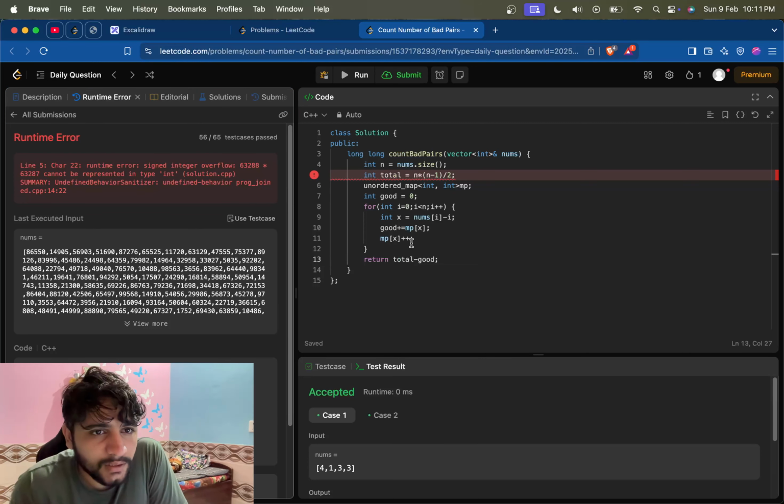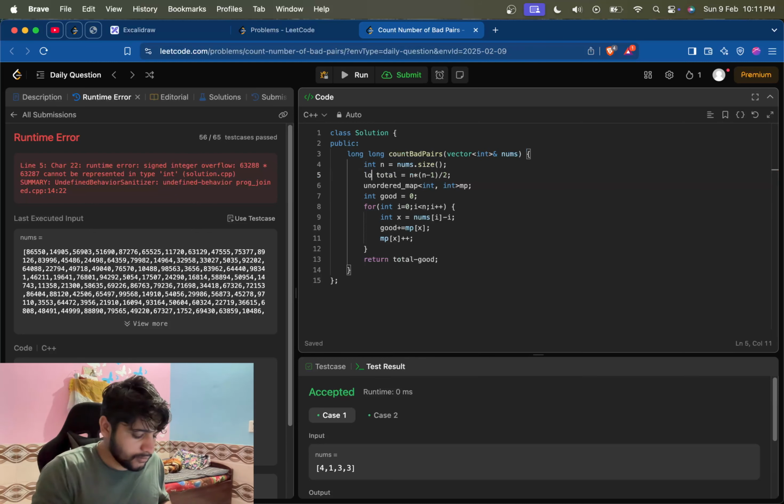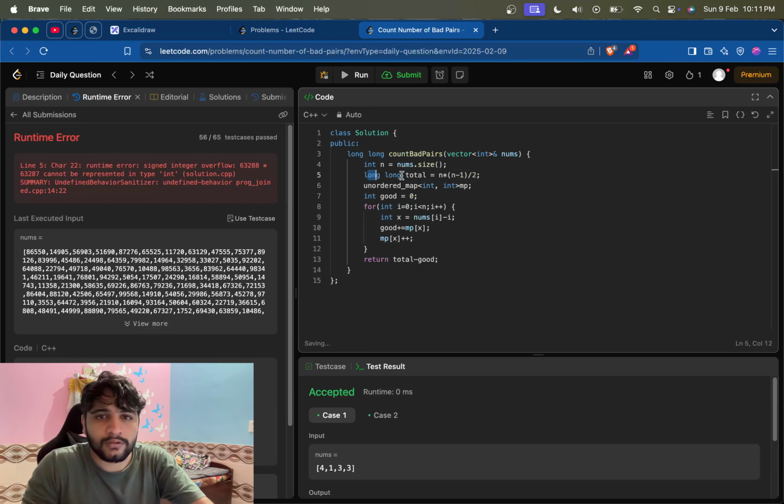Okay, something is bad here, which is that it overflows. Okay, let's do this then, and let's do the same thing for the counter also.